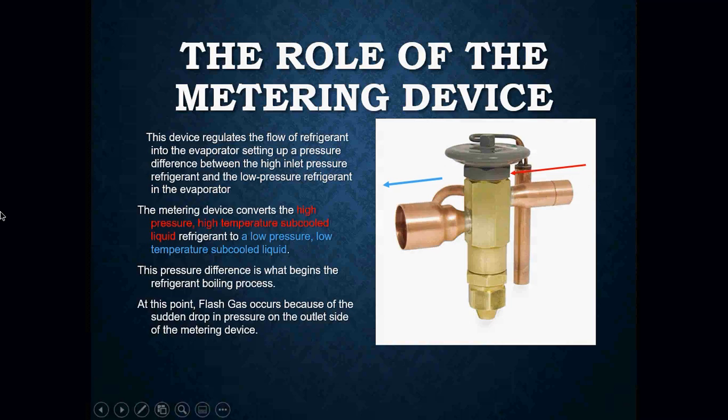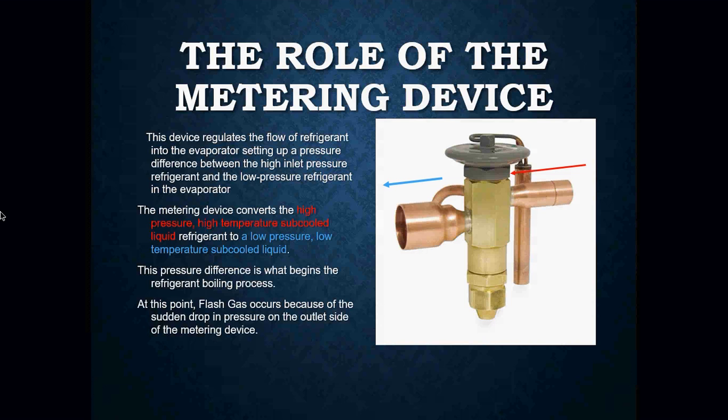This is the device that regulates the flow of refrigerant into the evaporator, setting up a pressure difference between the high inlet pressure refrigerant and the low pressure refrigerant in the evaporator. Okay, at the metering device, the refrigerant is converted from a high pressure, high temperature subcooled liquid to a low pressure, low temperature liquid.